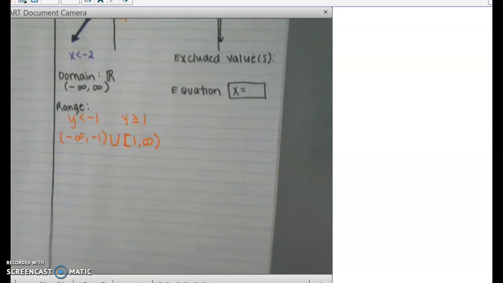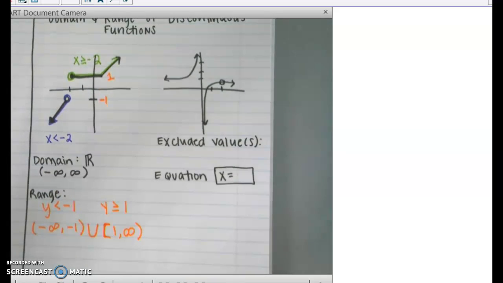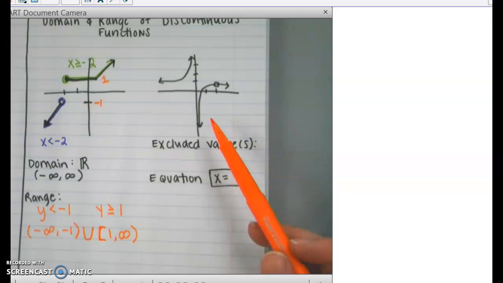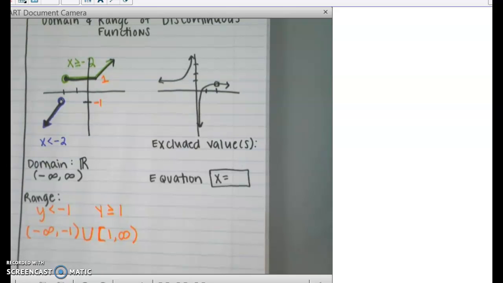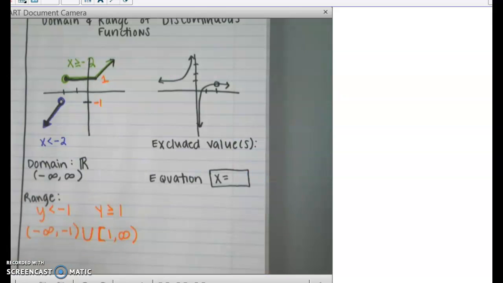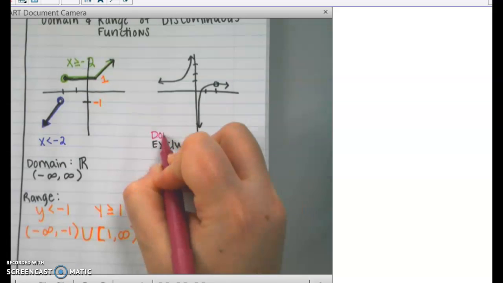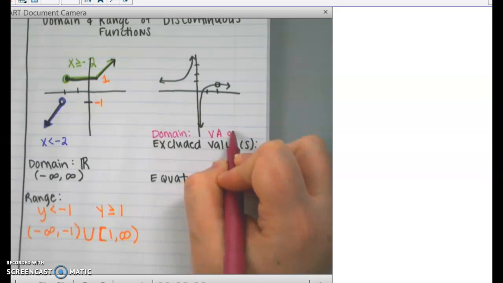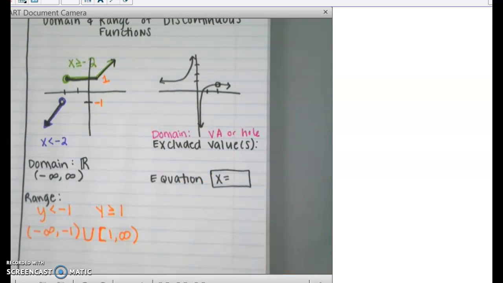All right, domain and range for rational functions we're going to do a little bit differently, because we can use the equation of a rational function to figure out where the vertical asymptotes, horizontal asymptotes, and holes are. We're going to write our answers a little bit differently. When the question asks you for the excluded values, it's talking about the domain, which means you're looking for a vertical asymptote or a hole.